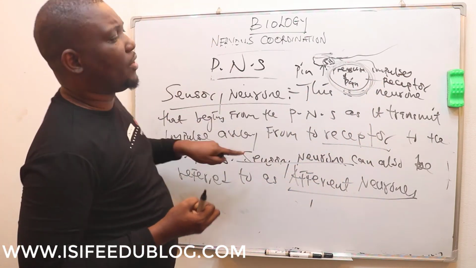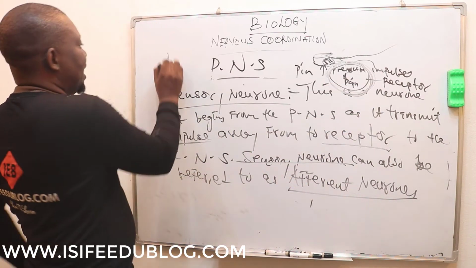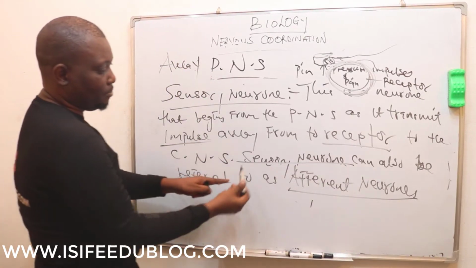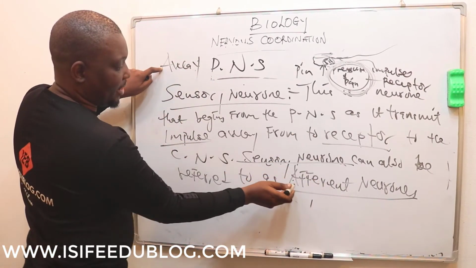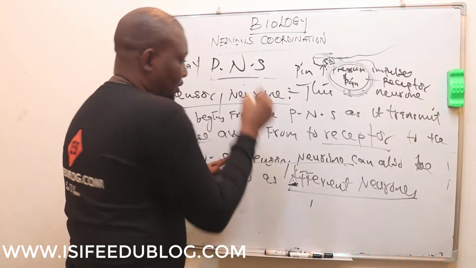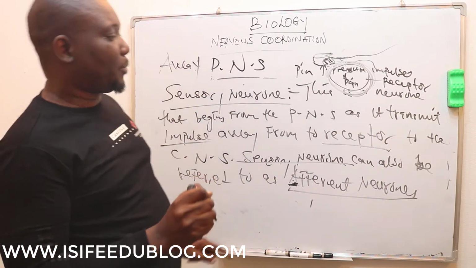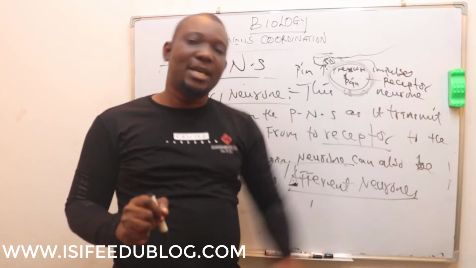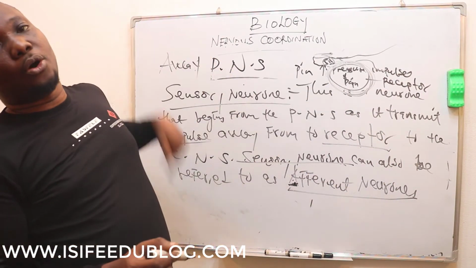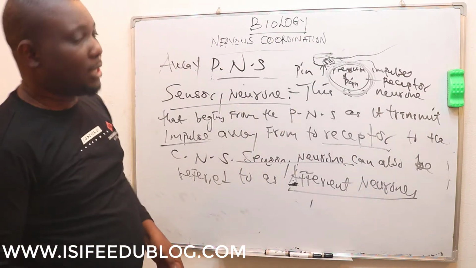Because the sensory neuron is moving these impulses away from the receptor, they can be called what? Afferent neurons. What does it mean? It means this neuron is moving impulses away from the receptor to the CNS. The CNS is their target organ. That's where they're going: the central nervous system.